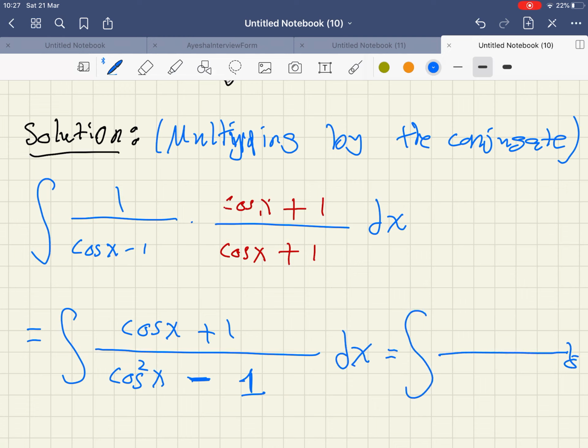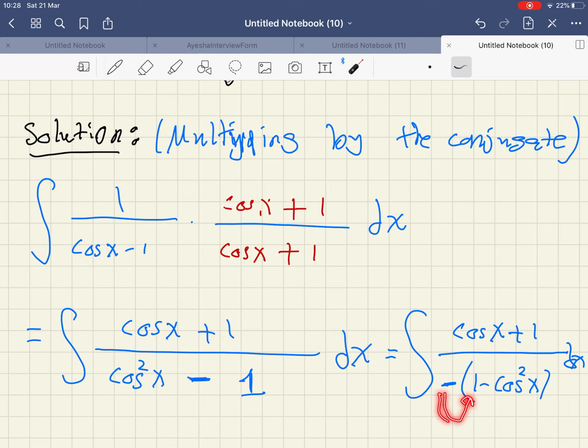Now if you look at the denominator, it's not something we don't know. We have seen this before. Take a negative outside. This would be 1 minus cosine square x. Remember, if we take the negative back inside, we will get this one.